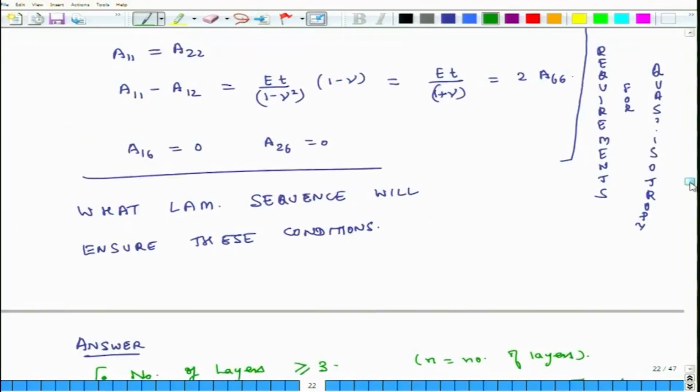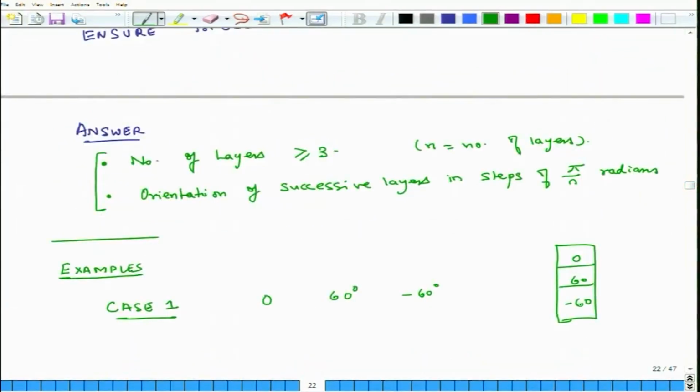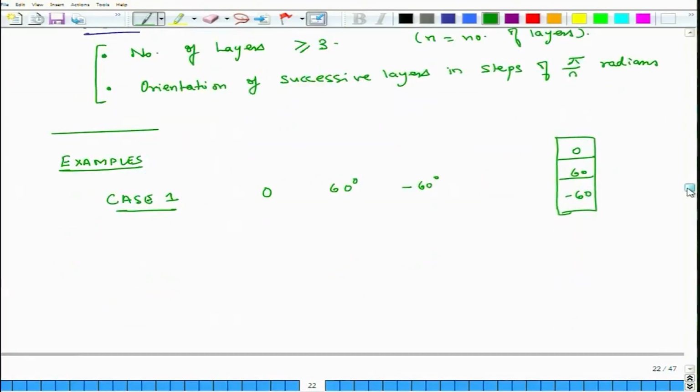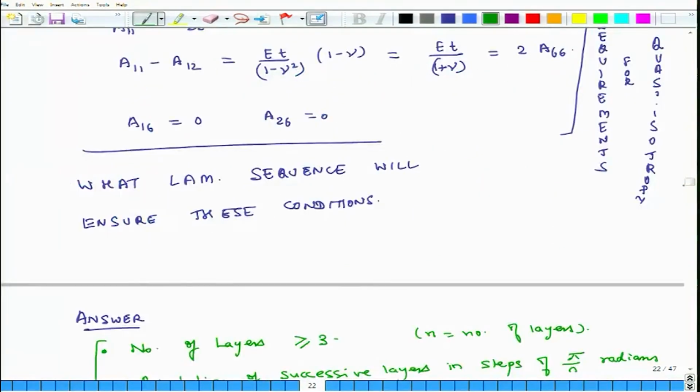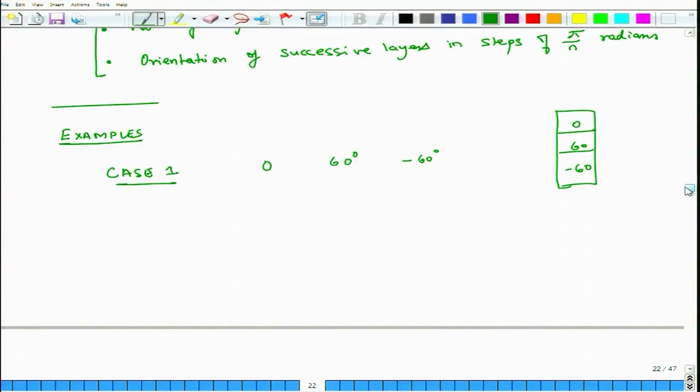A16 and A26 will be 0 because you have 60 and minus 60, and when you do all the calculations you will find out that A11 minus A12 will be equal to twice of A66, it will actually work out. Okay. But a problem with this lamination sequence is that it is not symmetric. So, B will be non-zero. So, you can have another example.